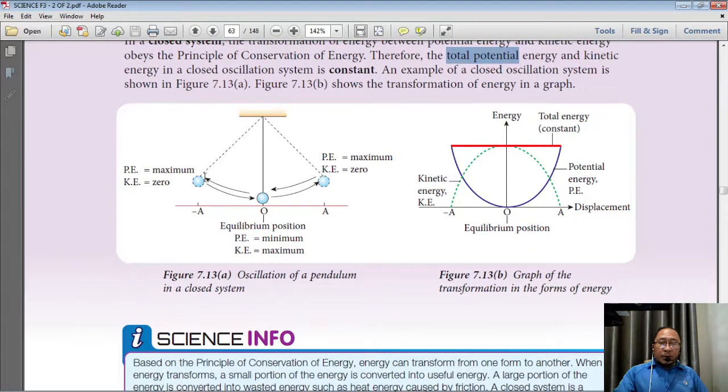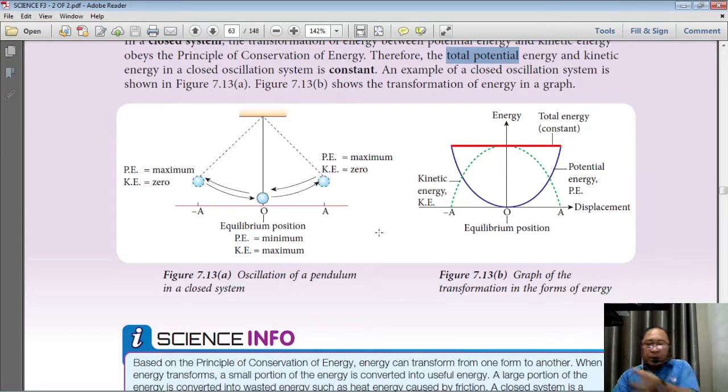By looking at this diagram, I hope you can try to read again the explanation given in the text, and understand what exactly happens during the process of the oscillating system. In BM we say sistem ayunan, berayun.